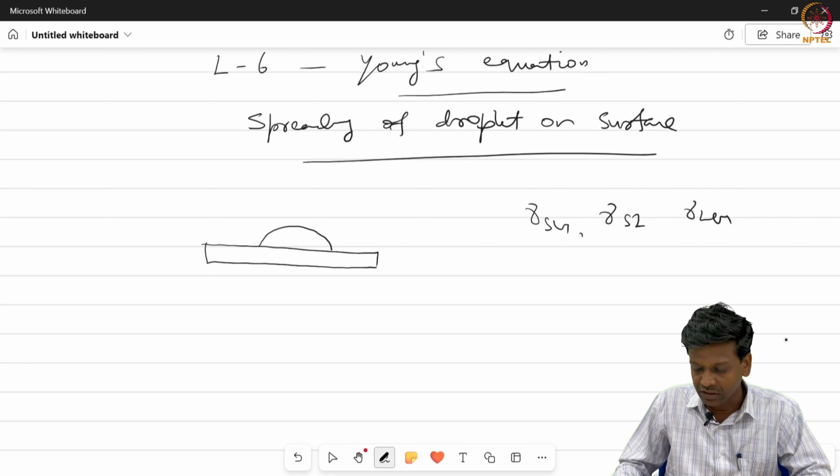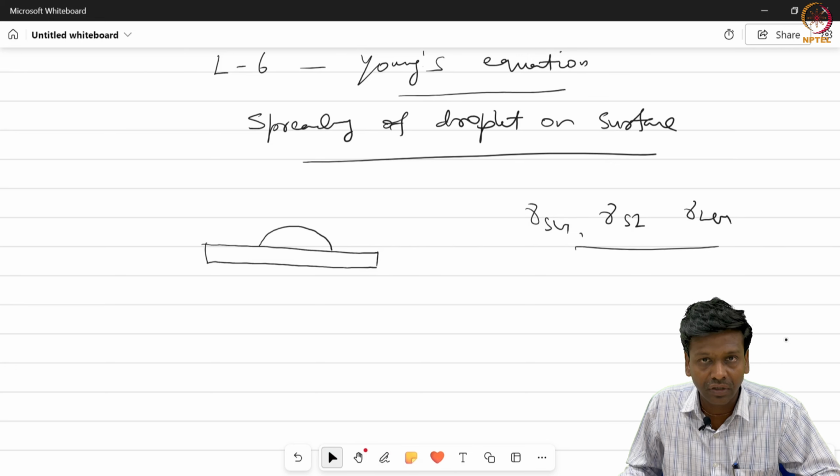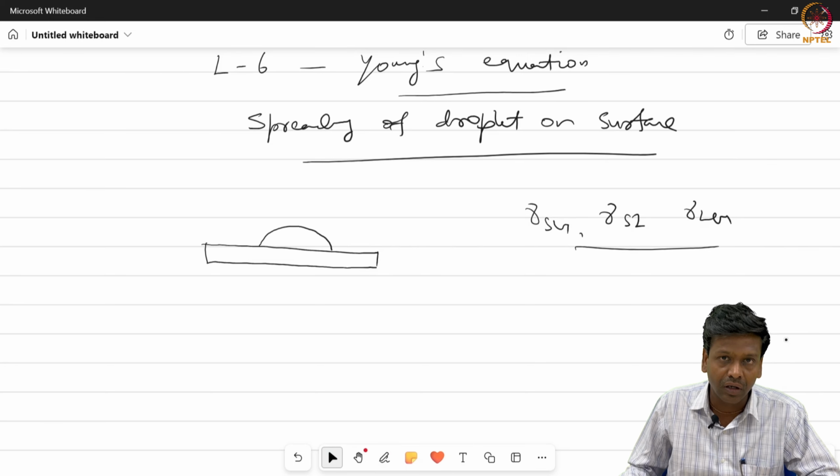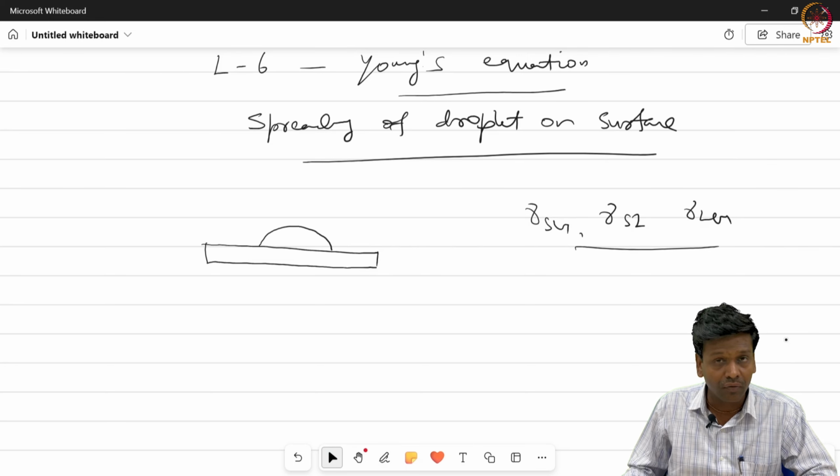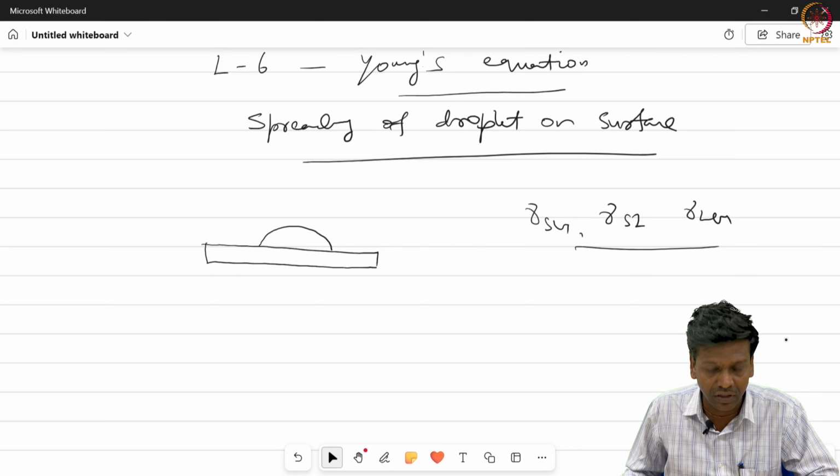These three competitive surface energies will dictate the contact angle of a given liquid.